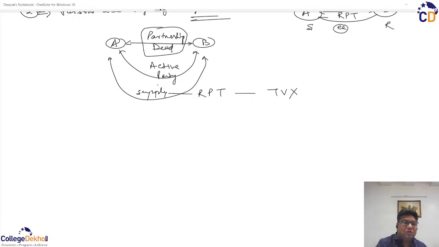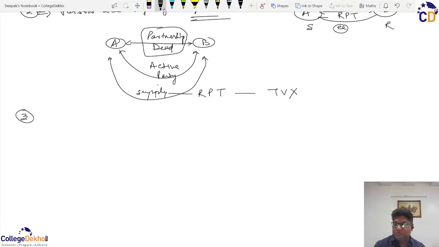So now the third case that is possible is that there is an employer-employee relationship.